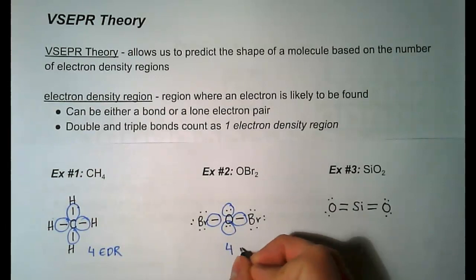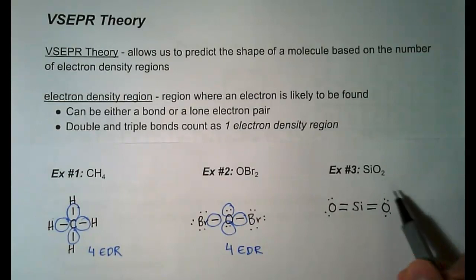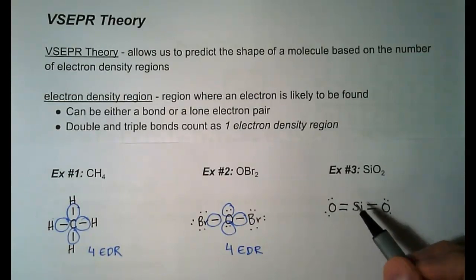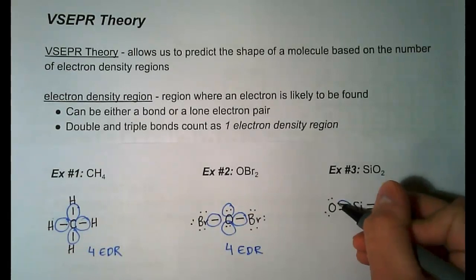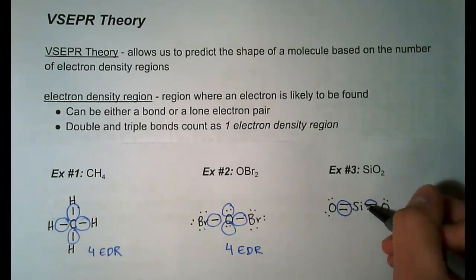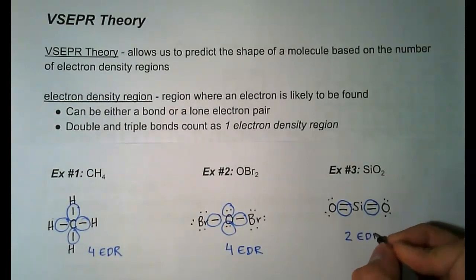So this also has 4 electron density regions. And then silicon dioxide would actually only have 2 because double and triple bonds only count as 1 electron density region. So if we look at silicon, we have 1 double bond here and 1 double bond there. So this is only 2 electron density regions.